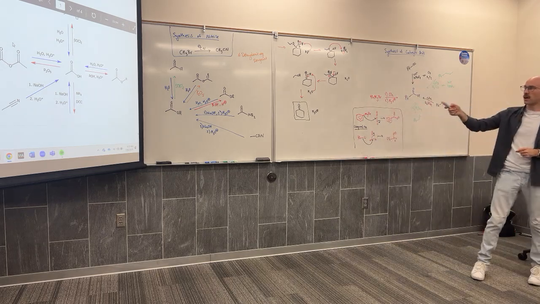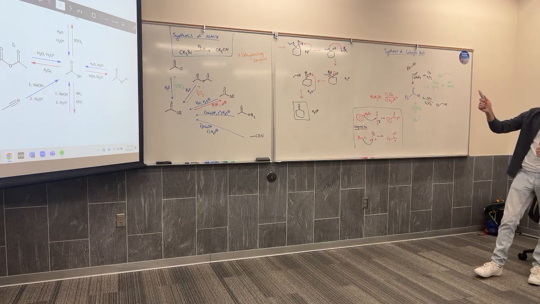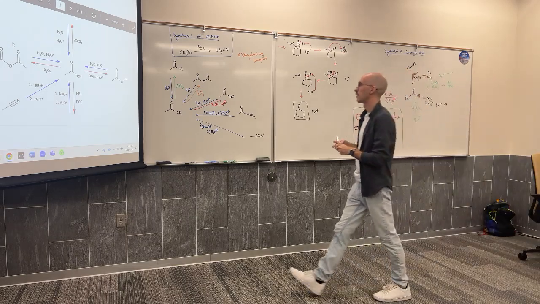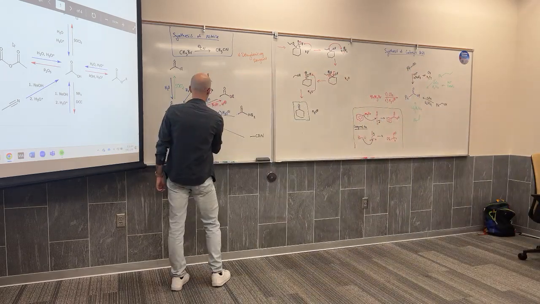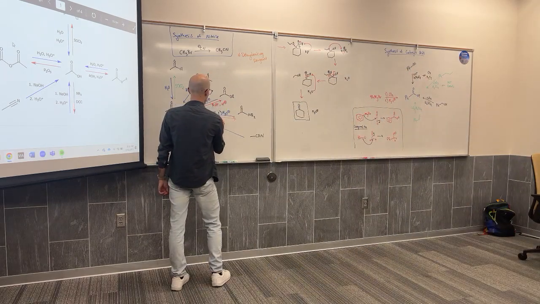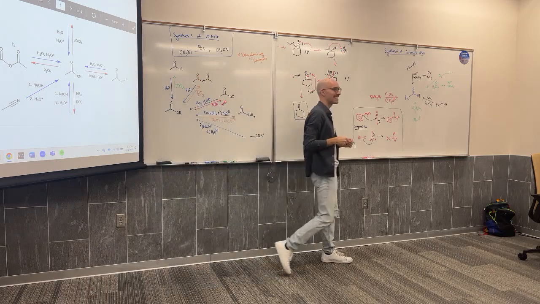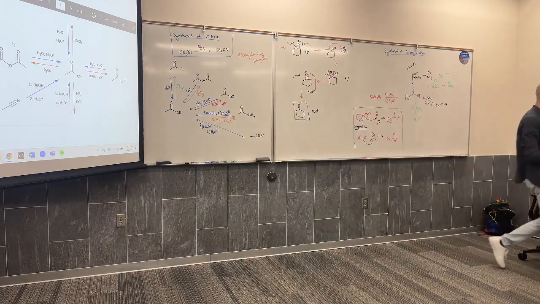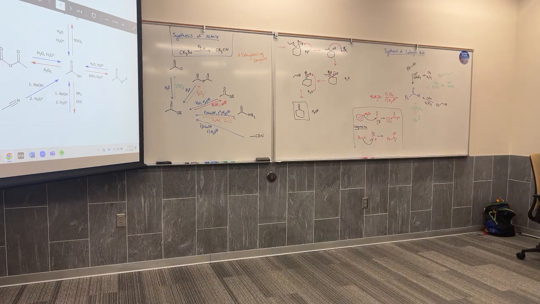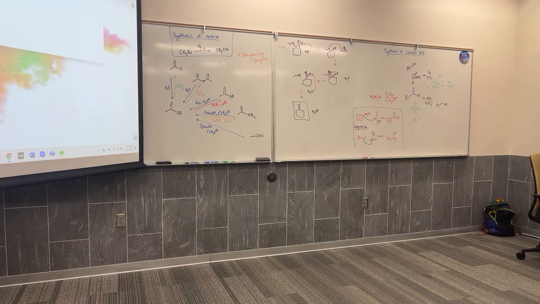The synthesis of an amide from a carboxylic acid also requires a dehydrating reagent. But this time we're going to use something called DCC. I can never for the life of me remember what DCC stands for, but I can draw it.